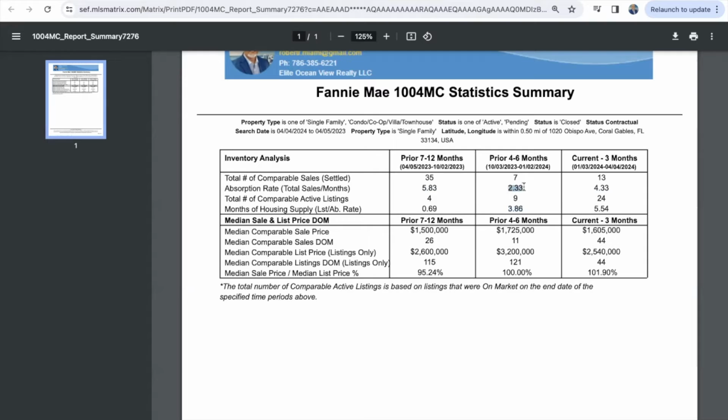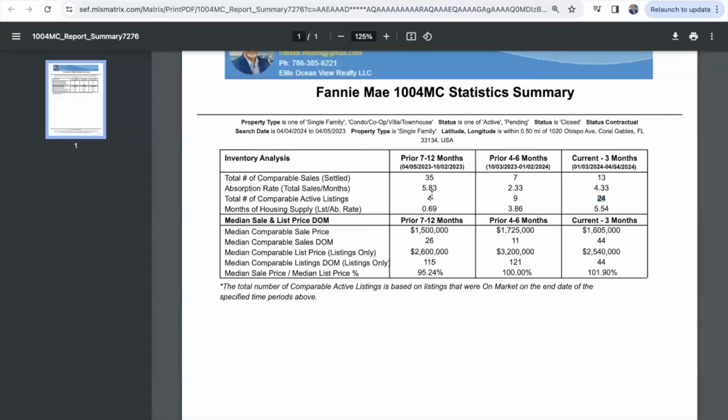We were selling 2 properties per month with 9 active listings. But now the situation is changing a bit. We're selling 4 1/3 properties per month, but we have an increased inventory. Our inventory has more than tripled.